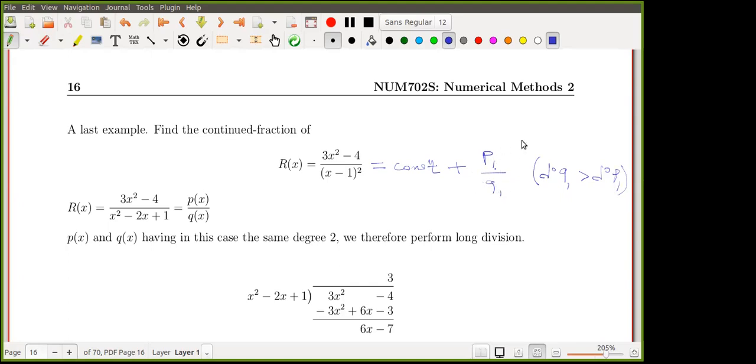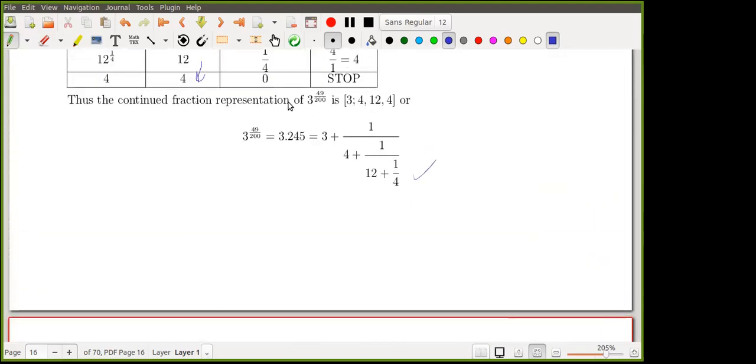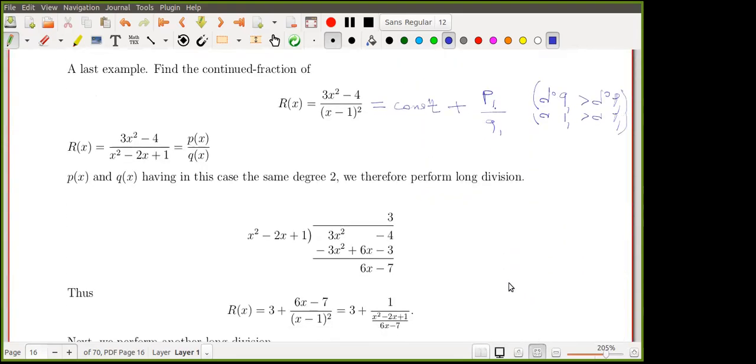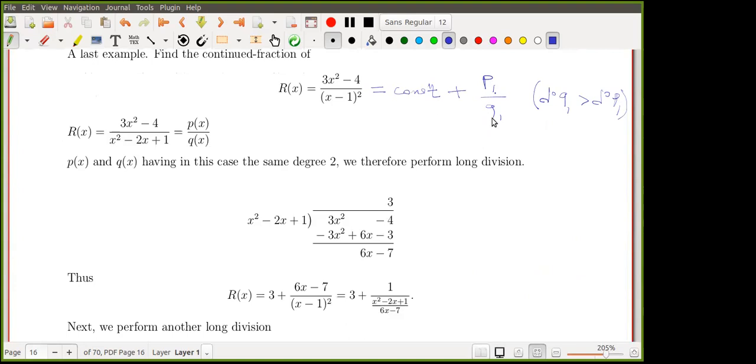Because now this is like a fraction, we can perform the long division and obtain a similar sequence as this one, because we know that we have an irreducible fraction or rational function.